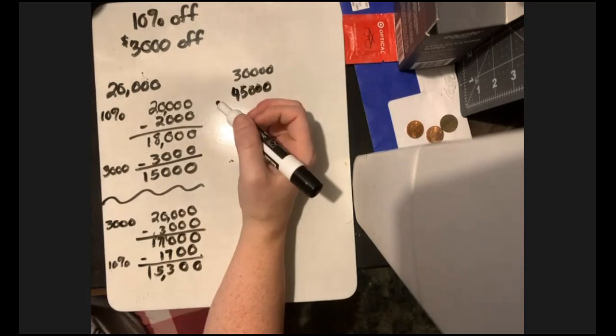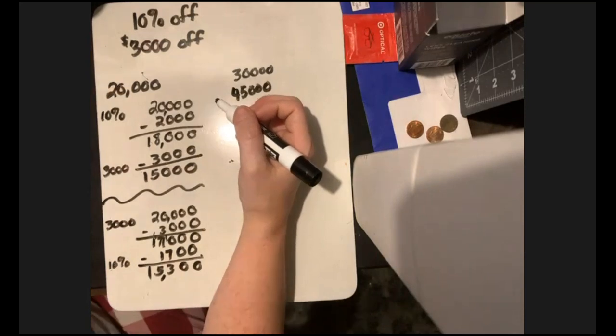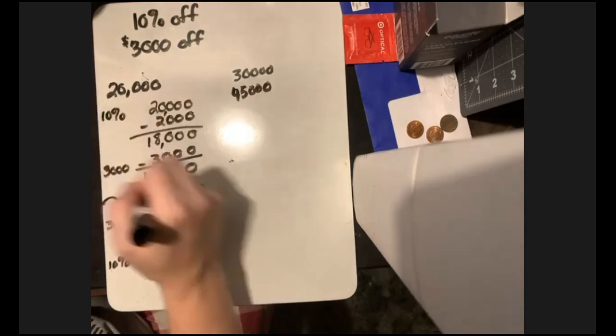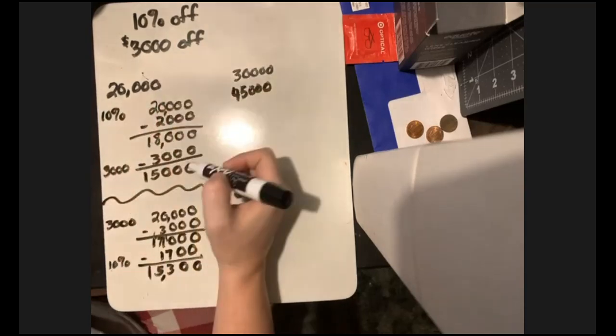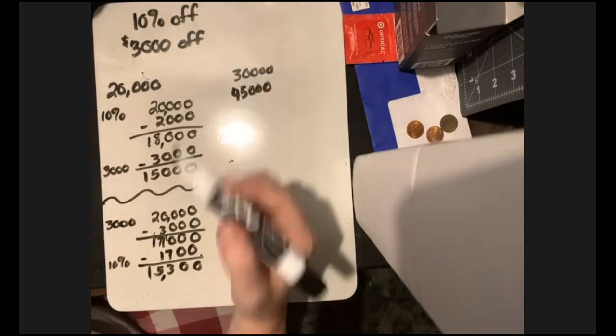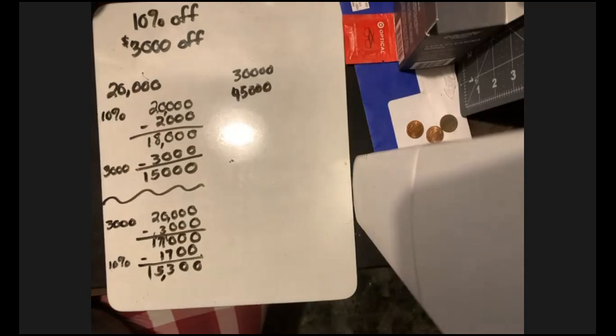So what a composition will allow me to do is come up with one equation that will handle all of this, to where if I put in 20,000, it outputs 15,000. If I put in 30,000, it would output what that's going to be. If I put in 45, it'll output whatever that's going to come out as.